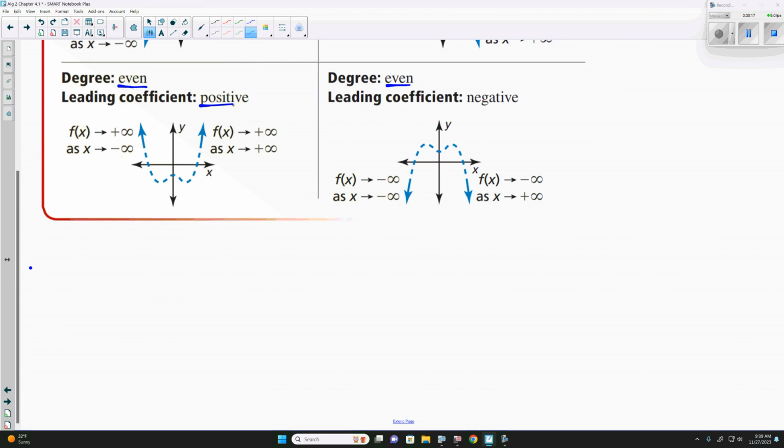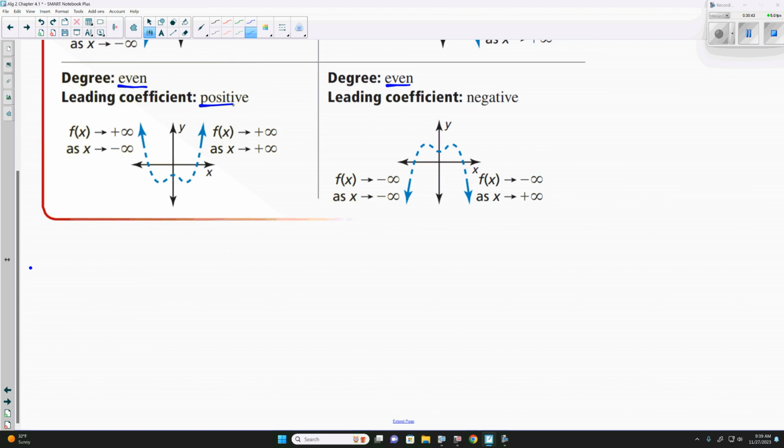Now, if you notice, there's a little dot, dot, dot in the middle. There's a lot of different things that could happen between the two ends. But eventually, if the leading coefficient is positive and the degree is even, they're both going to eventually go up. We could have a whole lot of up, down in the middle, but they're both going to go up eventually. If the leading coefficient is negative, they're both going to eventually go down.